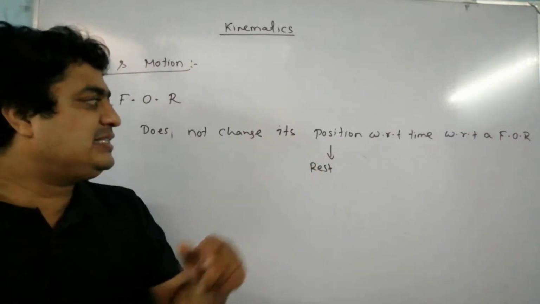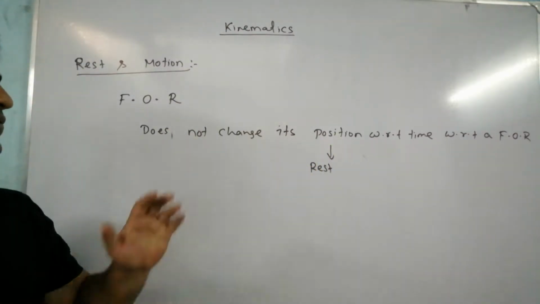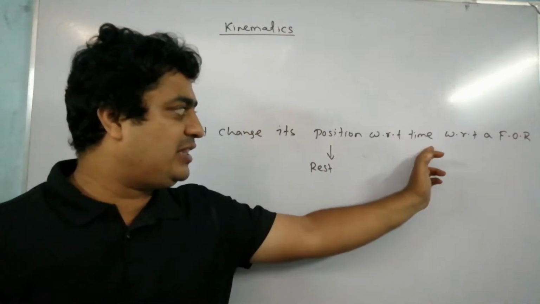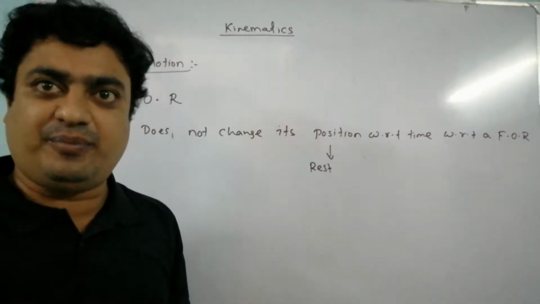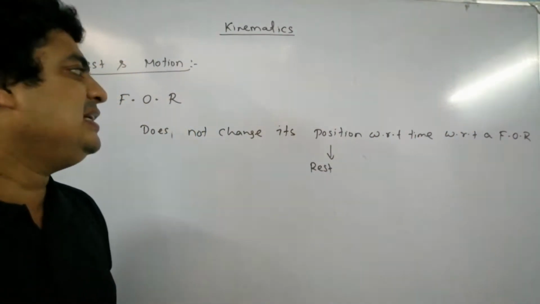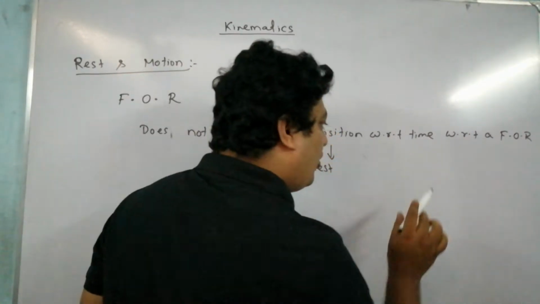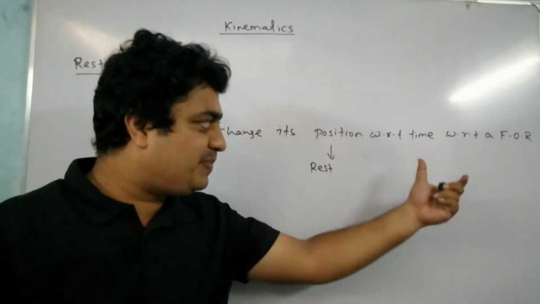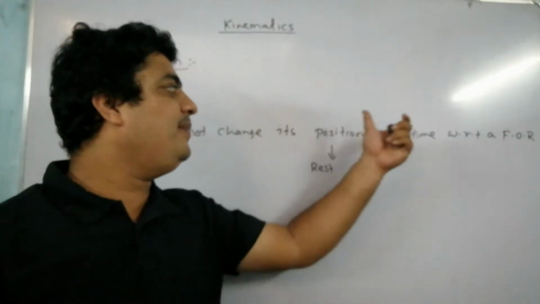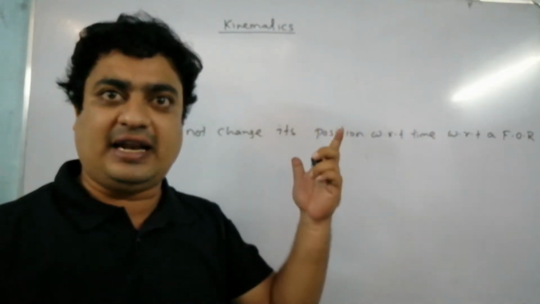So, a body is said to be at rest if it doesn't change its position with time with respect to a frame of reference. That means we can say if a body is at rest with respect to one frame, it can be in motion with respect to another frame.